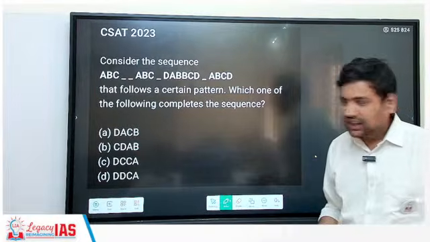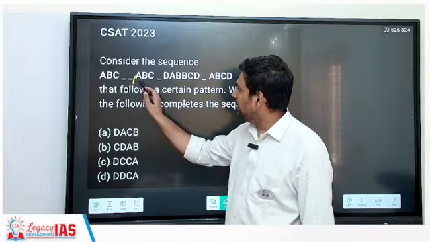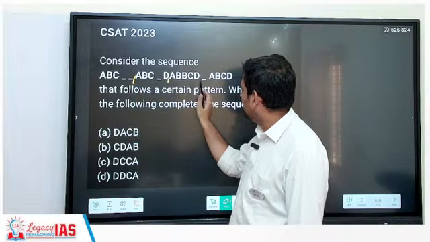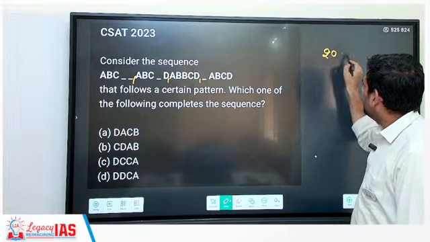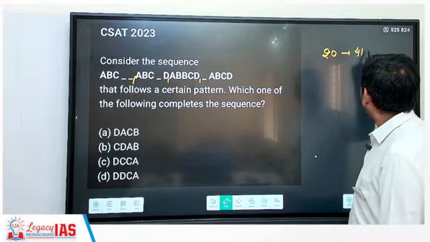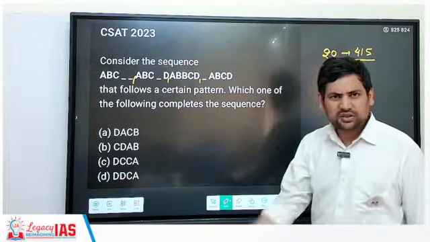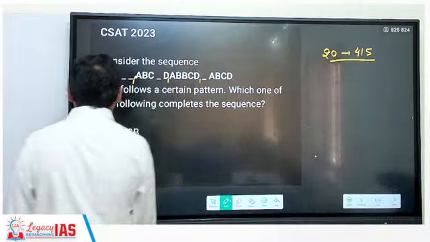First thing is counting number of letters. So 1, 2, 3, 4, 5, 1, 2, 3, 4, 5, 1, 2, 3, 4, 5, and 1, 2, 3, 4, 5. Okay, nice. So this is 20 letters. 20 letters means 4 or 5. What we usually choose? We choose 5.